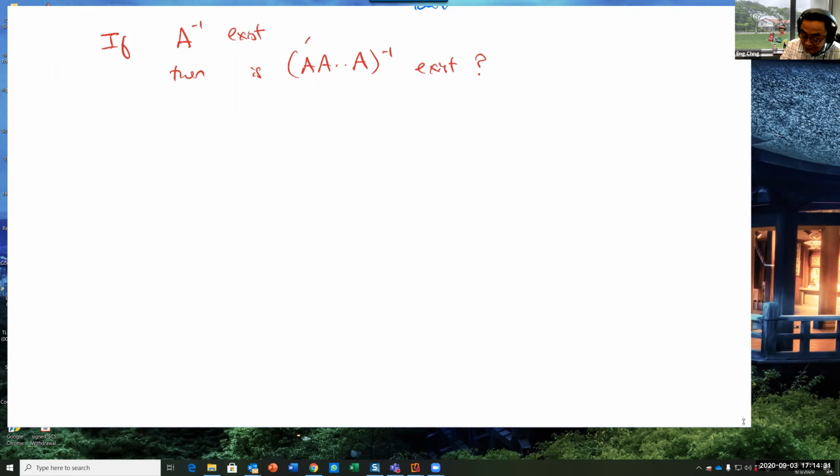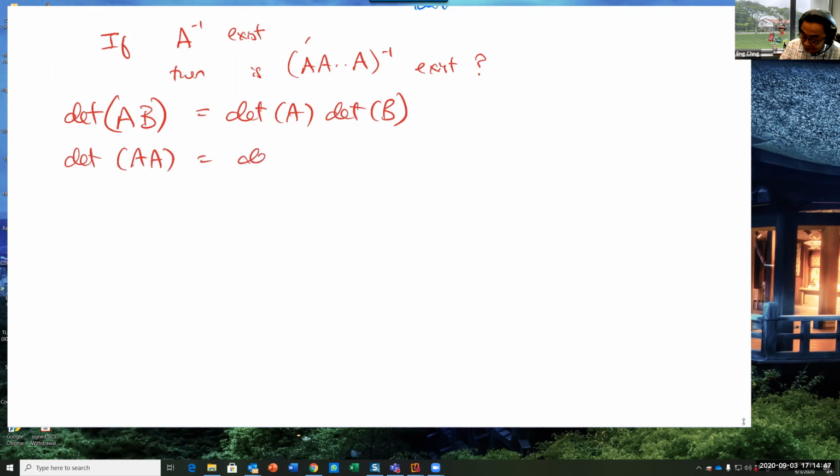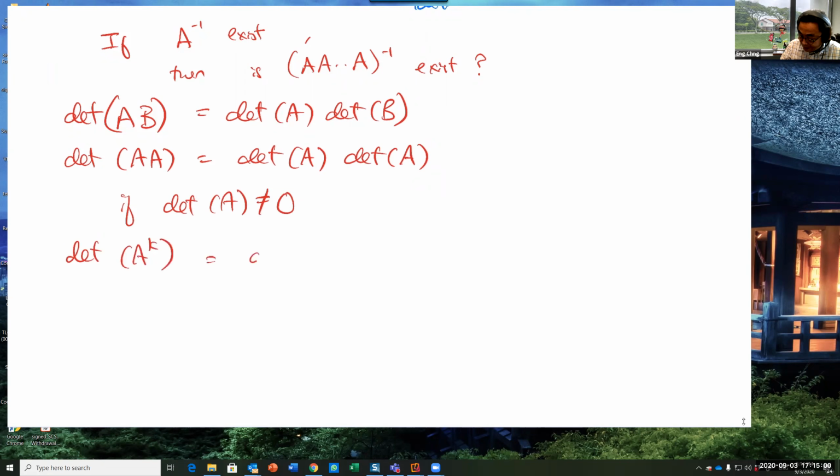the determinant of a product of matrices, for example A times B, is equal to the determinant of A times the determinant of B. What about the determinant of A times A? It is the determinant of A times the determinant of A. So if the determinant of A is not equal to 0, then no matter how many times you do this, it will not be 0.